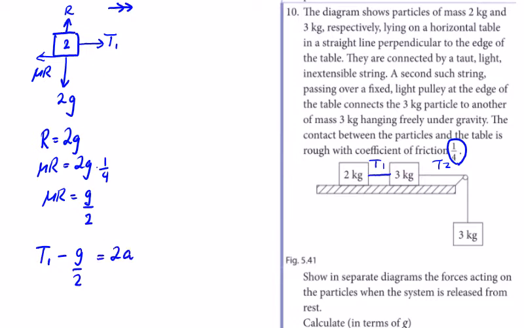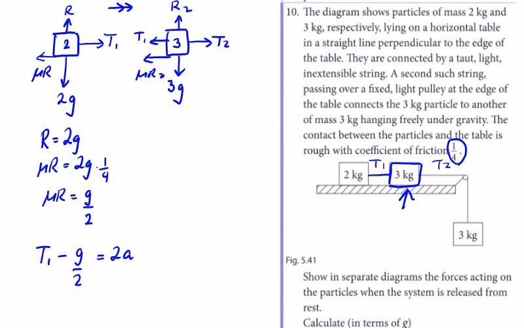We move on to the 3 kilo that's on the table. Again, we're going to have mu R, we're going to have T2, we're going to have T1. This is a different reaction here. It's not the same R, so I'll call it R2. We used R1, but I'll call it R2. And this block here we're dealing with is 3 kilograms, so mg, 3g.